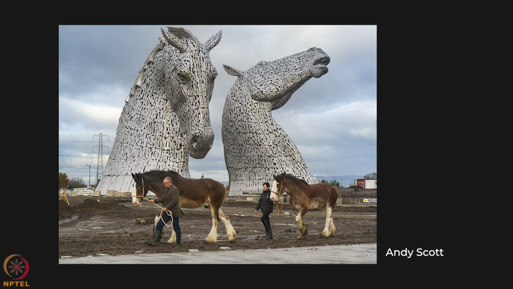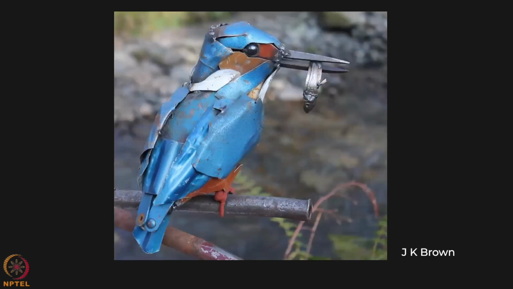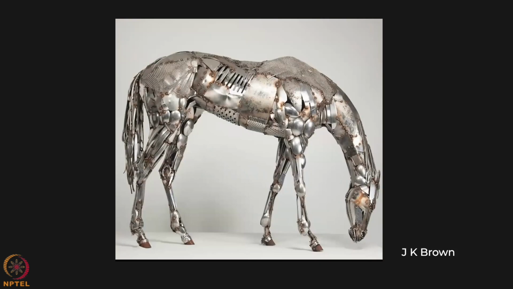So this is sheet metal. By now you must have seen thousands of them already, that found material is actually being reused, upcycled, not recycled. Yes, recycled also, but since it creates another object, upcycled.